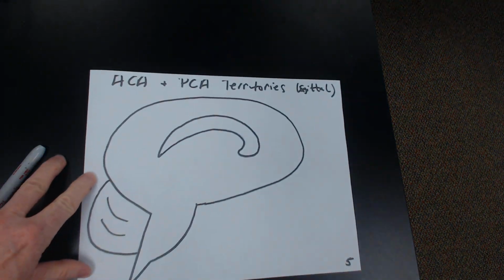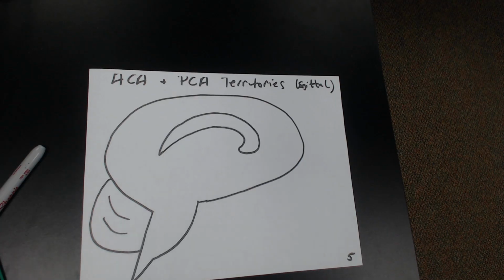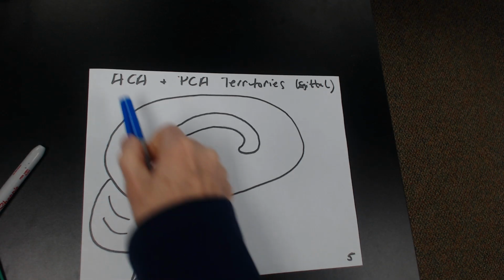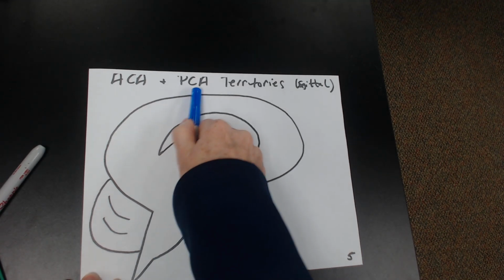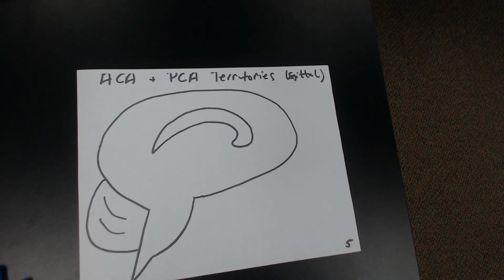Now we're going to look at the territories, or the areas of the brain, that are supplied by the anterior cerebral artery and the posterior cerebral artery. And we're going to start here first. So ACA, anterior cerebral artery, and PCA, posterior cerebral artery. What you see here is just a sagittal section through the brain.